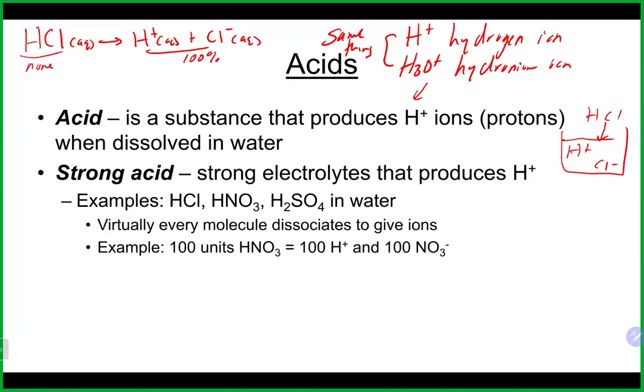You could also write this exact same process and include water in the equation. And if you did that, you would have HCl plus water. And a definition we'll talk about in a second is the HCl will send an H plus over to the water in this case. And basically it will make H3O plus when it gains that, and Cl minus.